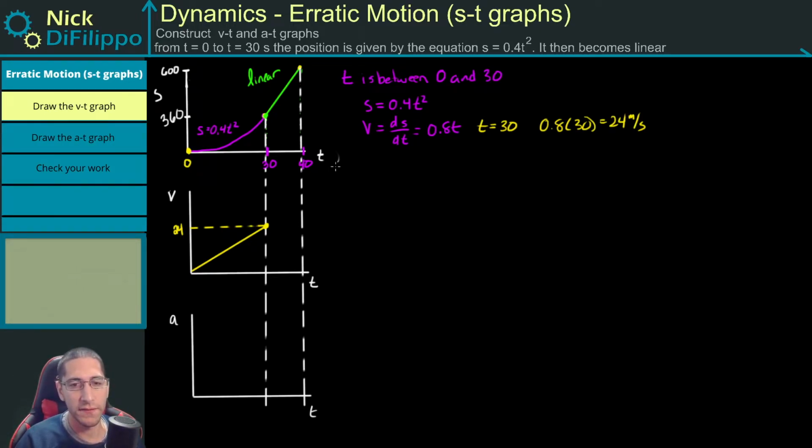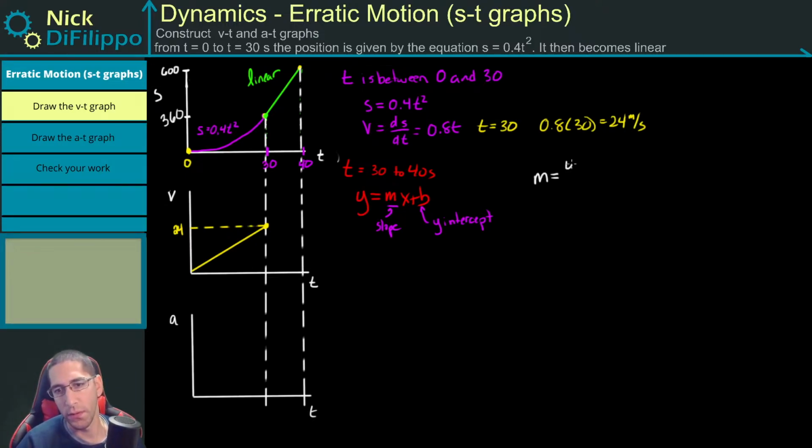Let's do this from t equal to 30 to 40 seconds. The line has to be in the form y equals mx plus b, where m is our slope and b is the y-intercept. Our slope, m, is equal to y2 minus y1 divided by x2 minus x1.